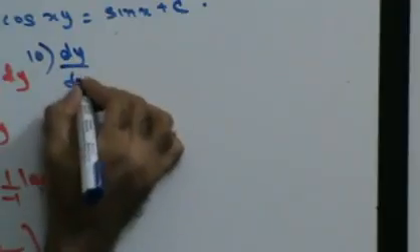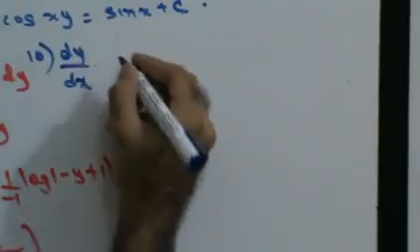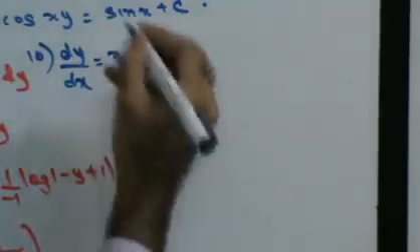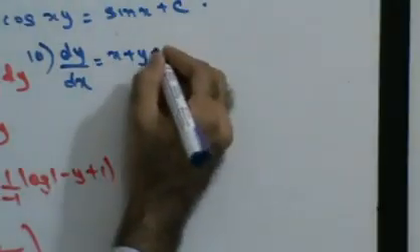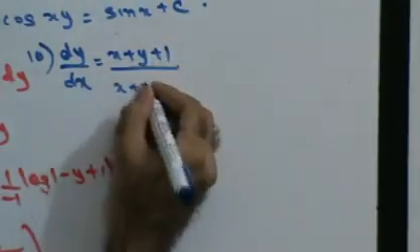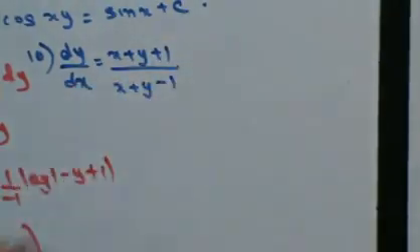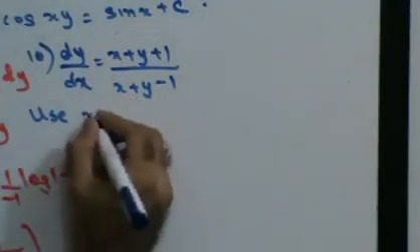Let's see another sum. dy by dx is equal to x plus y plus 1 upon x plus y minus 1. Use x plus y is equal to u.